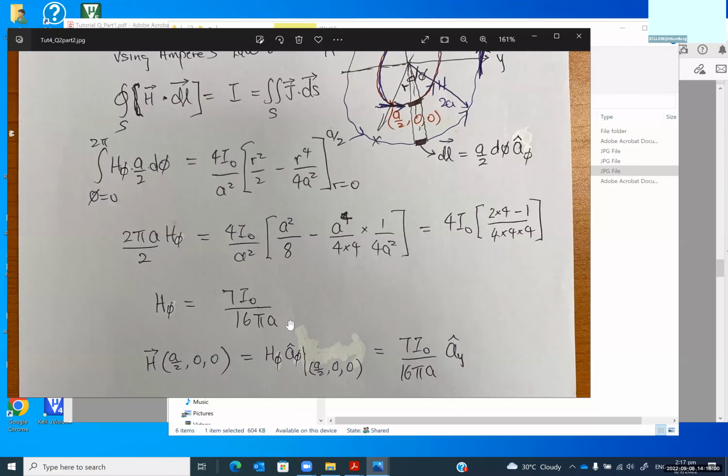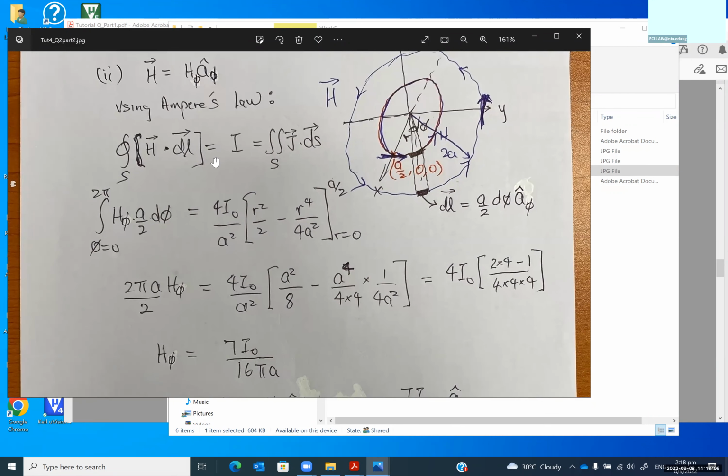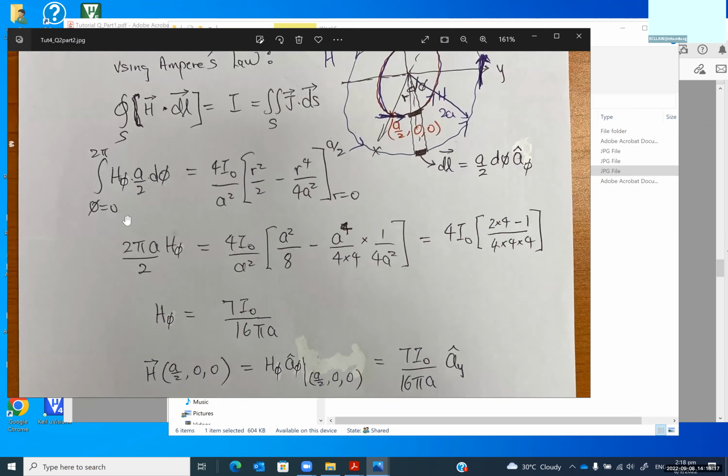Is there a need to do integration in this case? Actually, no need now because the H is constant. Everything is constant, so actually it's just the loop length, 2 pi times the radius. Of course, you will see the answer is the same.